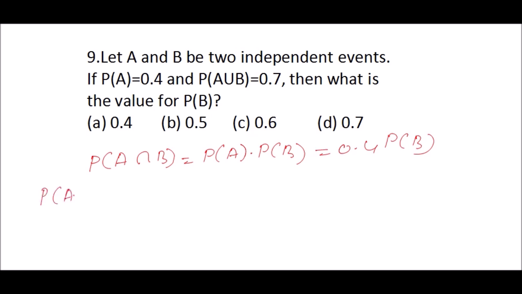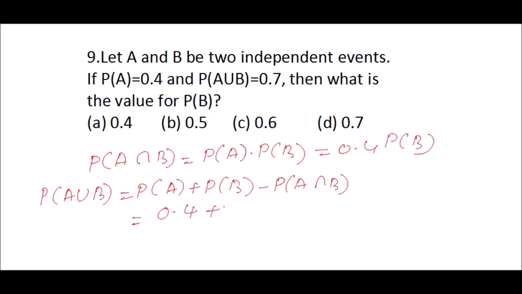the probability of A union B is equal to, we know, P(A) plus P(B) minus P(A intersection B). Here you can see that P(A) is given as 0.4, and P(B) we don't know. It is to be found out, and we already found that the intersection is equal to 0.4 P(B).